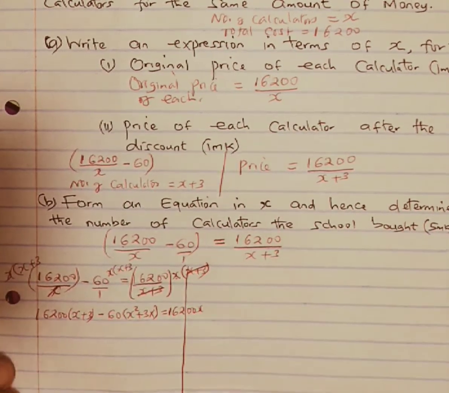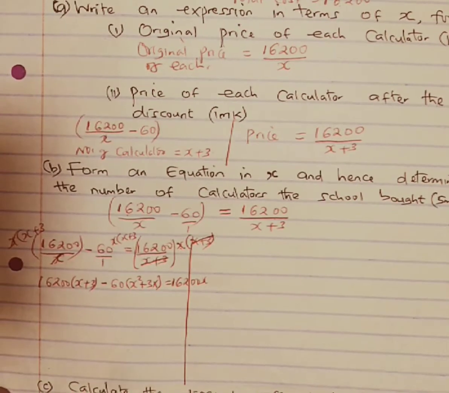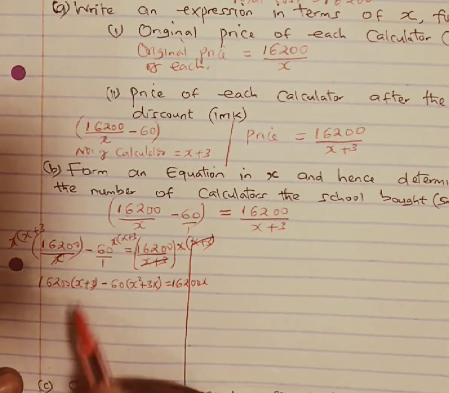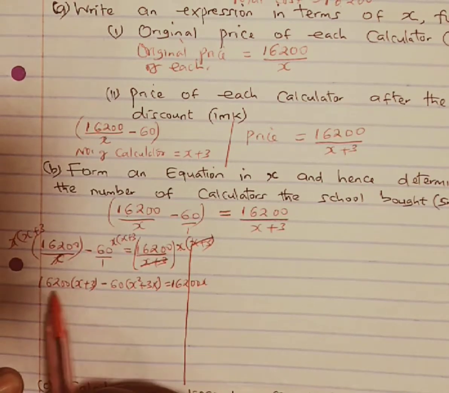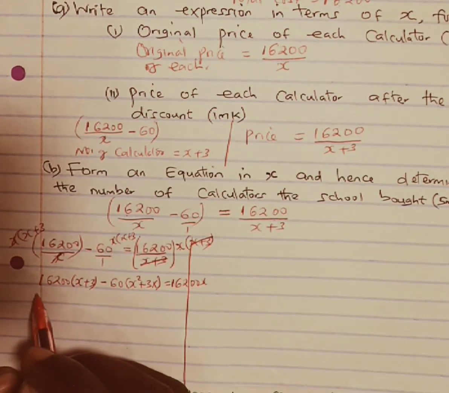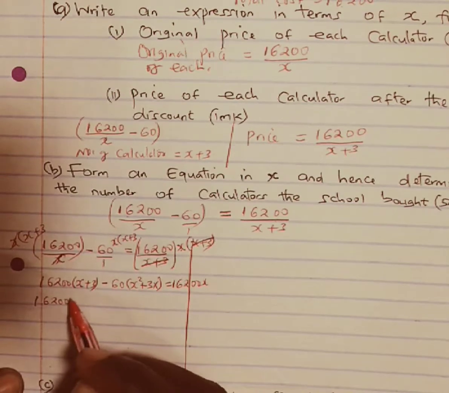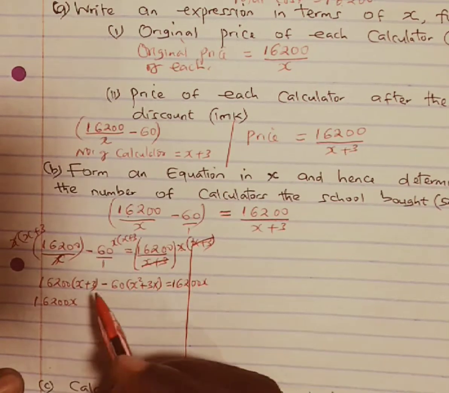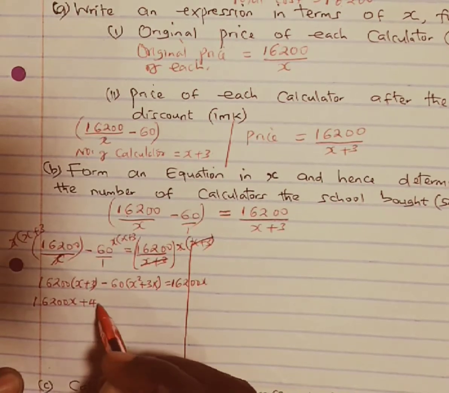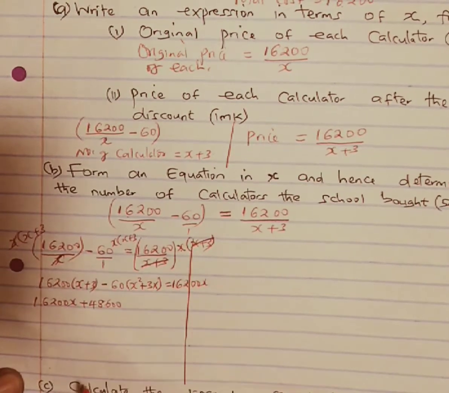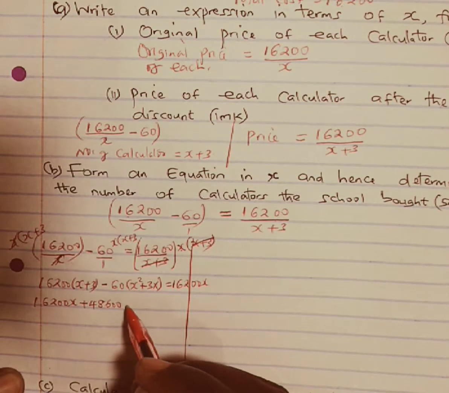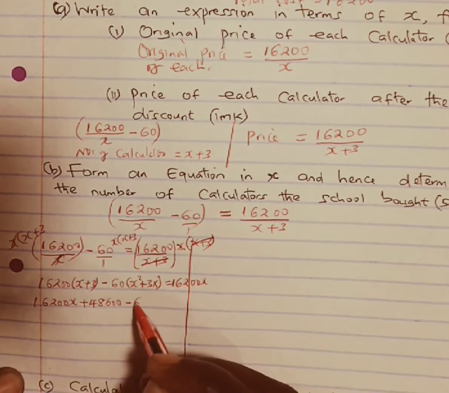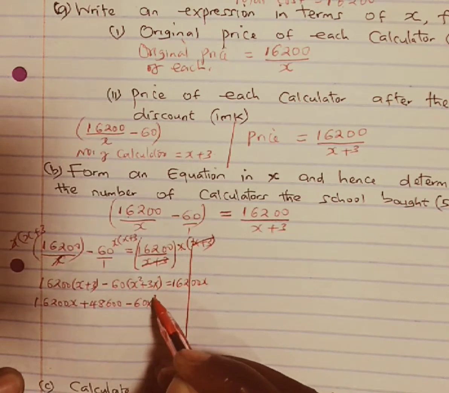16,200X. From there now we can move down and pre-multiply. So if you take X times 16,200, you get 16,200X. 16,200 times 3, you get 48,600. Minus 60 times X squared, you get minus 60X squared.